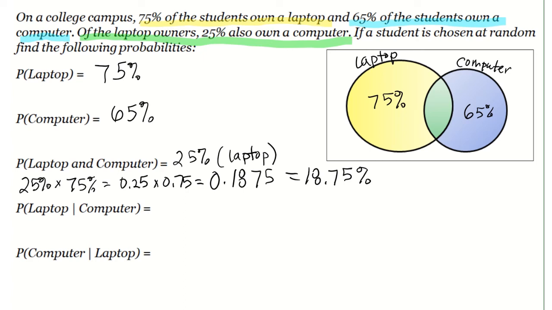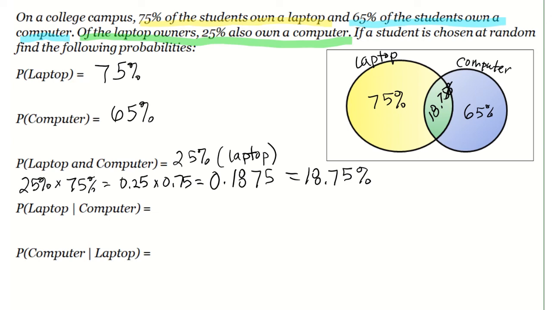So the probability of owning both a laptop and a computer is going to be 18.75%. So I'm going to put that here in my green intersection. That's going to make solving my conditional problems a lot easier because now I've put my numbers into my Venn diagram.